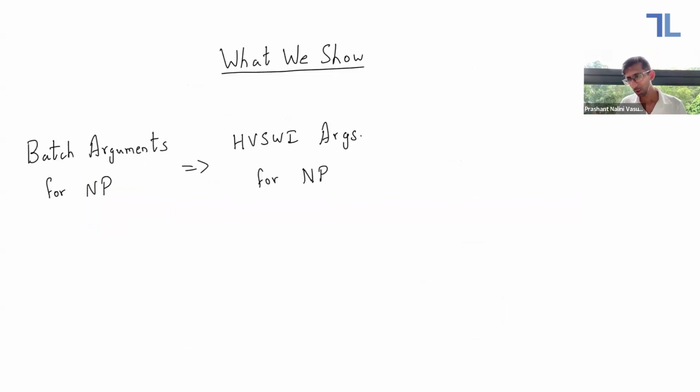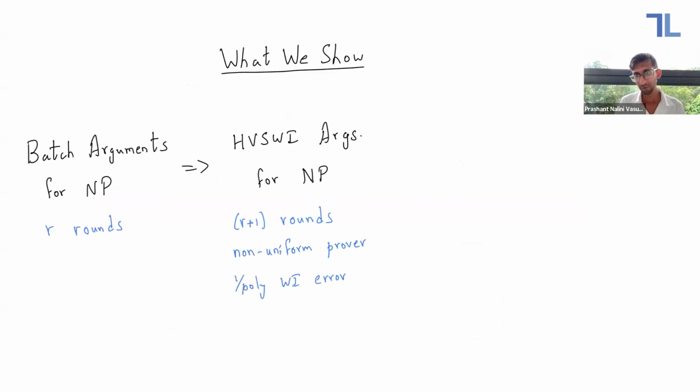And there you can also draw some conclusions, some partial answers to these questions, based on a similar approach. And there also what we show essentially comes down to the same thing, because the same transformation continues to work. If you start with the batch argument, you can also similarly get an honest verifier SWA argument with the same caveats, where you have a non-uniform prover and inverse polynomial error.